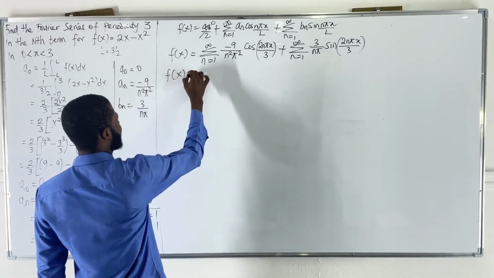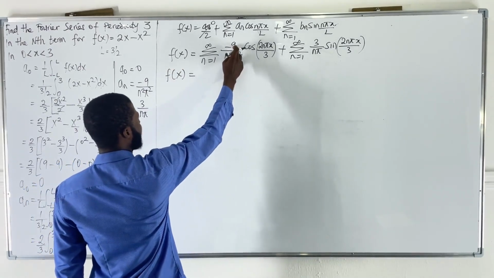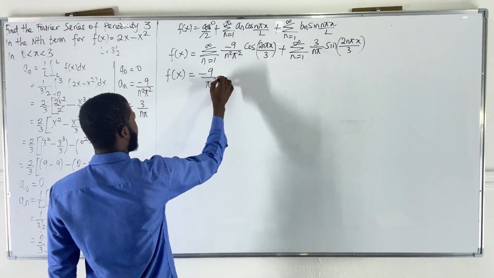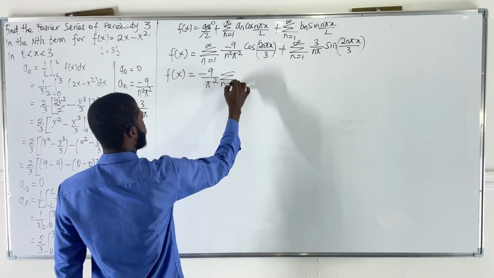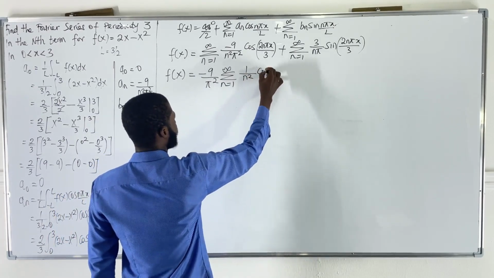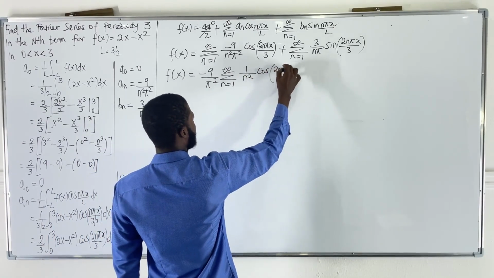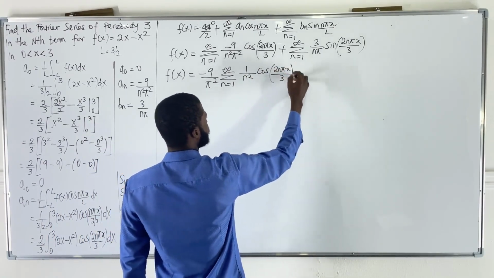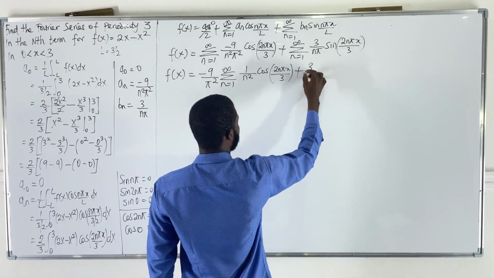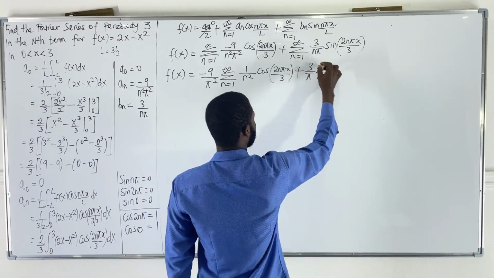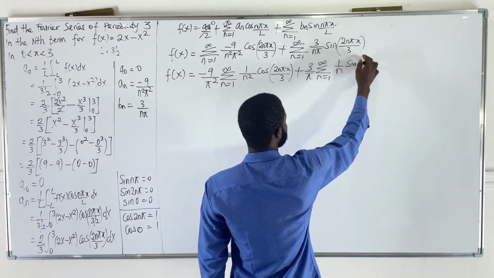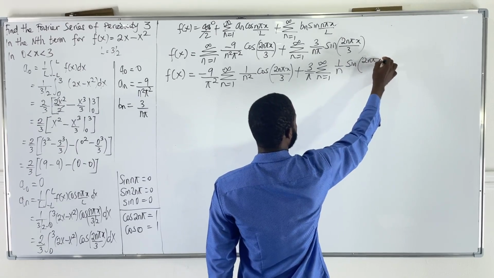So this is f of x equal to minus 9 over pi squared, the sum from n equal to 1 to infinity of 1 over n squared cos 2n pi x over 3. Then the 3 over pi here is a constant. So this is plus 3 over pi with the sum from n equal to 1 to infinity of 1 over n sine 2n pi x over 3.